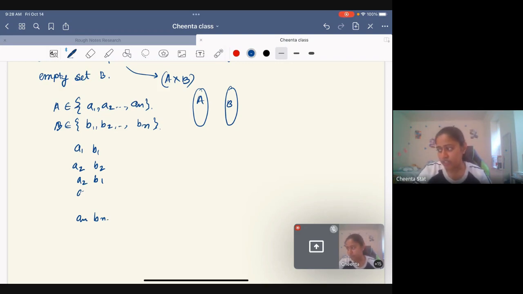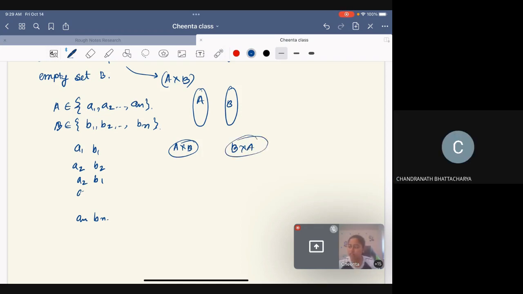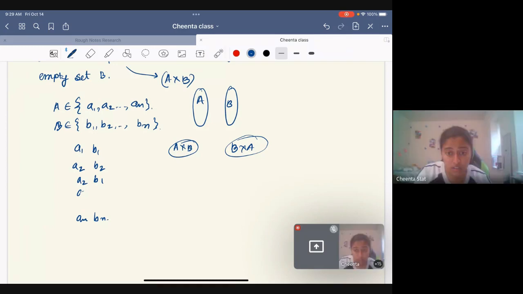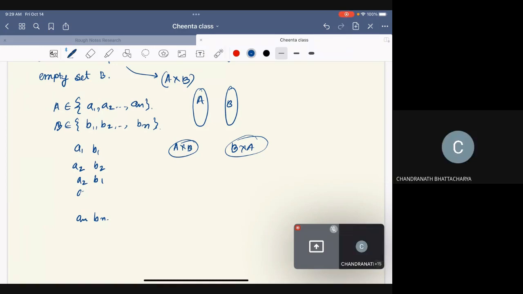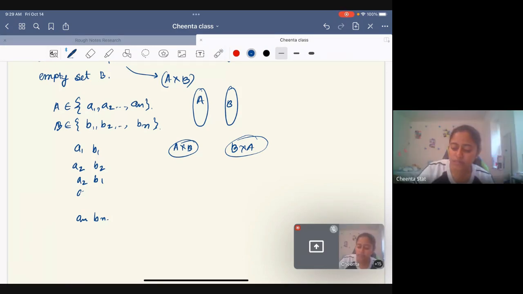Okay. Then tell me one thing. If we do A cross B and if we do B cross A, are these similar? No, ma'am. They are similar if and only if A is equal to B. Yeah, exactly.